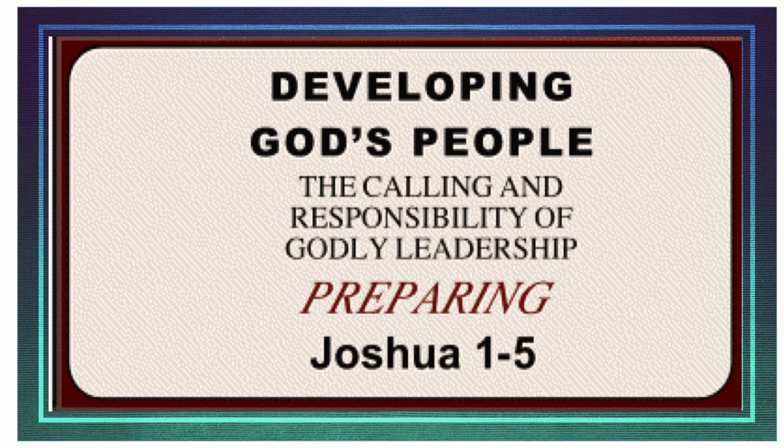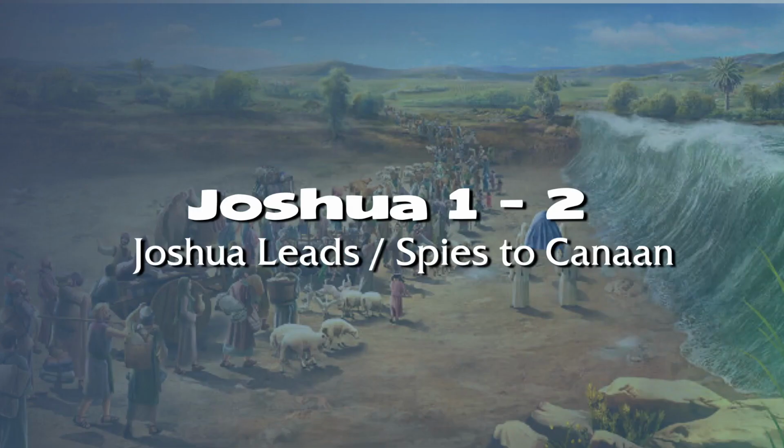In chapter 1, we pretty well see that happening. Chapters 1 and 2 are what we're going to cover in this study. We're going to look at Joshua leading the people and getting Joshua ready, what Joshua needs to do. He's following Moses, so that's big shoes to fill, as they say.